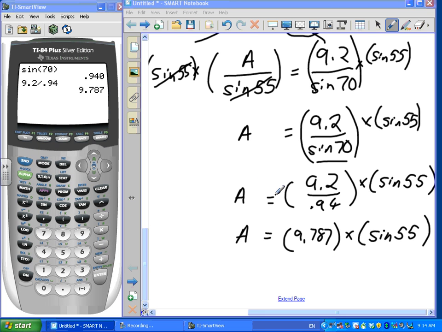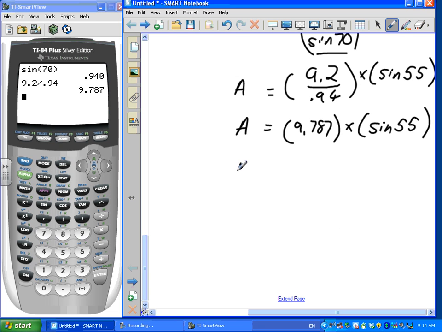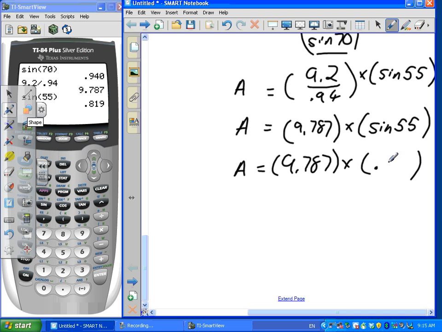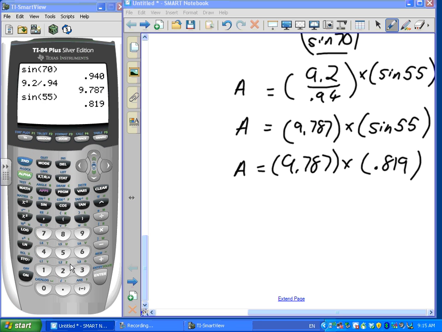Still, one step at a time. I'm going to do sine 55 next. A is equal to 9.787 times, and I'm going to solve for this bracket next, sine 55. So again, I have one of those newer calculators. You may have a version where you have to put the number in first and then hit sine. Just do trial and error to figure that out. On mine, I hit sine first, 55, and the bracket is equal to 0.819. And finally, I just have to multiply the last two parts.